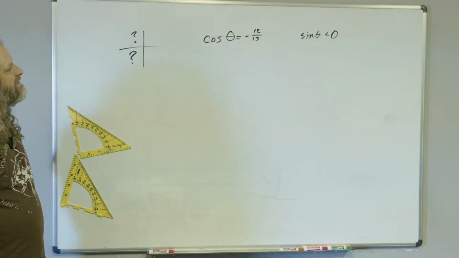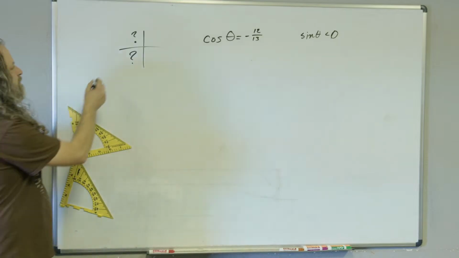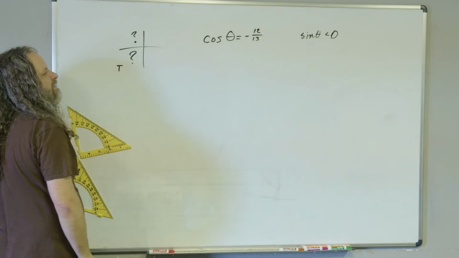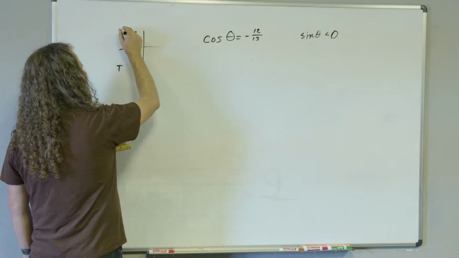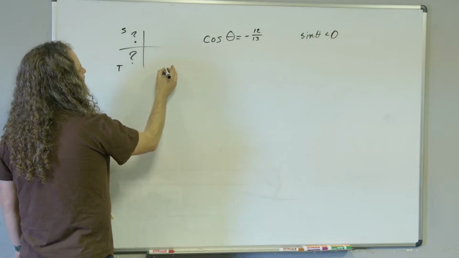Negative, negative, positive. Tangent is positive in the bottom left, all students calculus. Cosine is negative and the sine is negative.